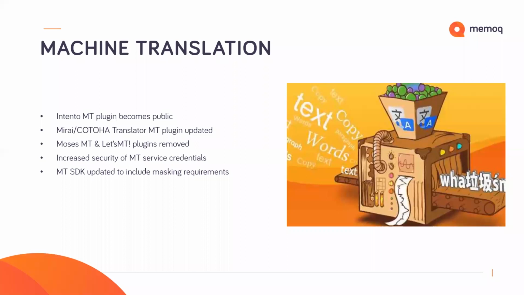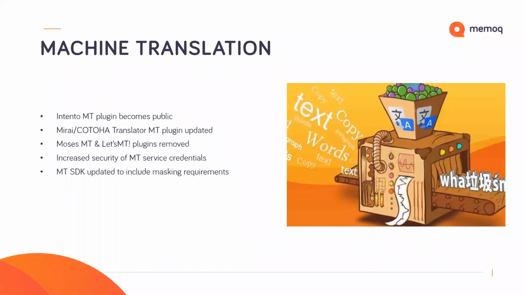And we also updated our machine translation SDK documentation to make sure that whenever anyone updates their own plugins or creates new plugins and asks for those to be published in memoQ, they are going to use these stricter requirements to make sure that their plugins will be as safe as we planned it to be. Okay, so this is in general about machine translation.